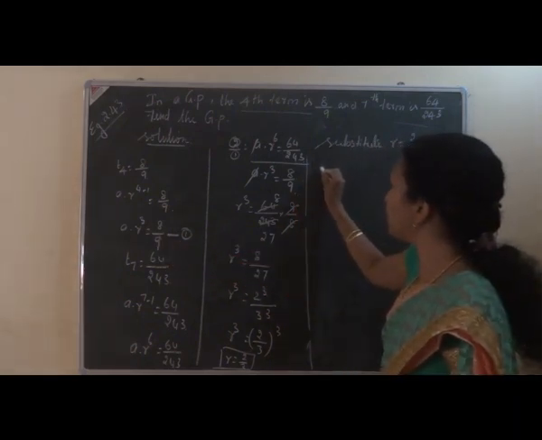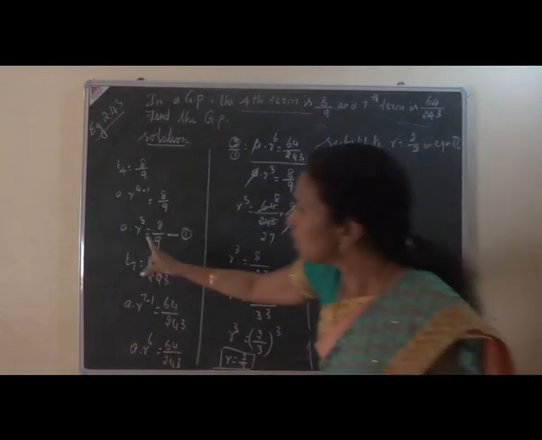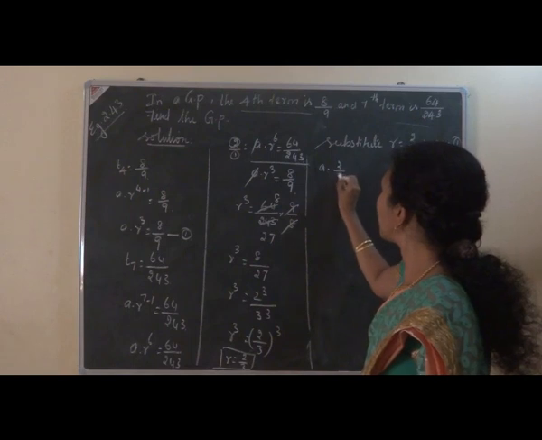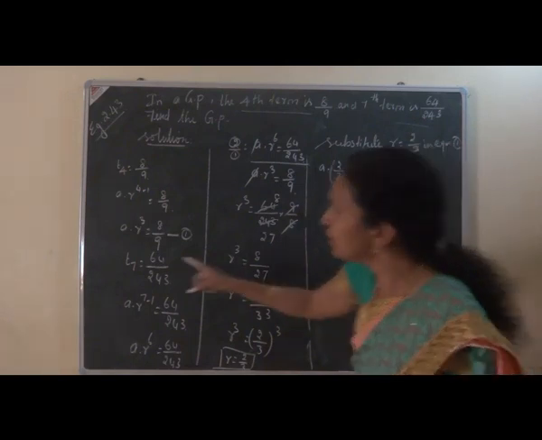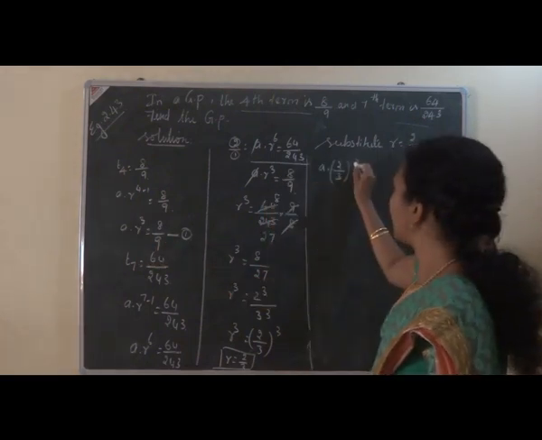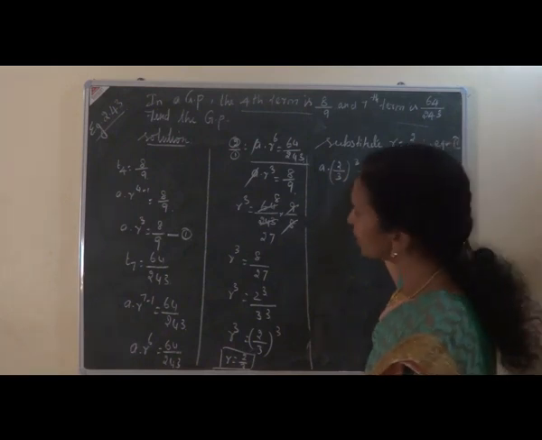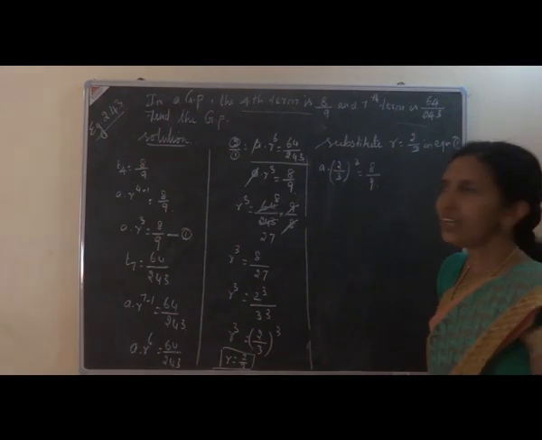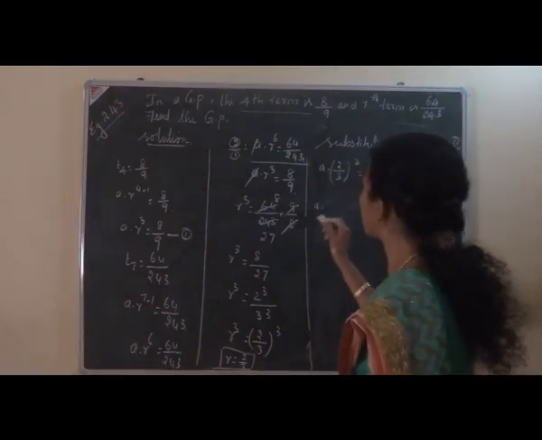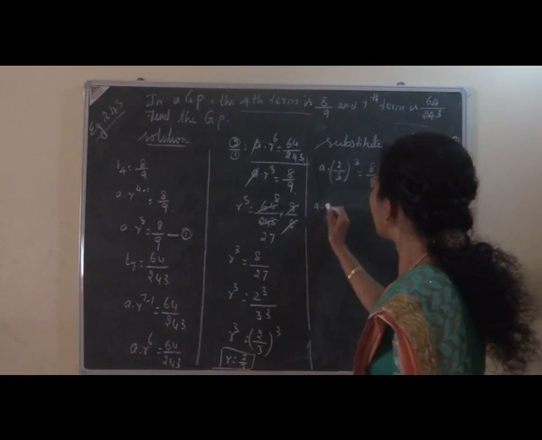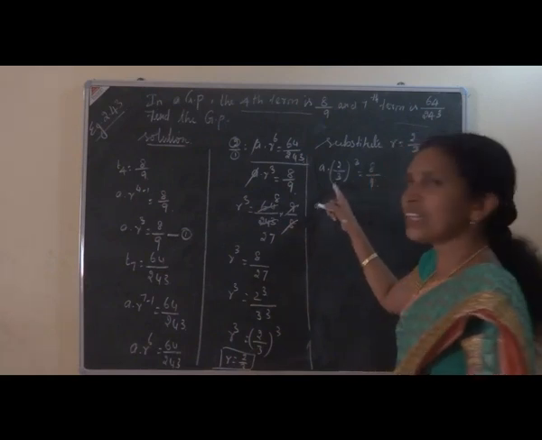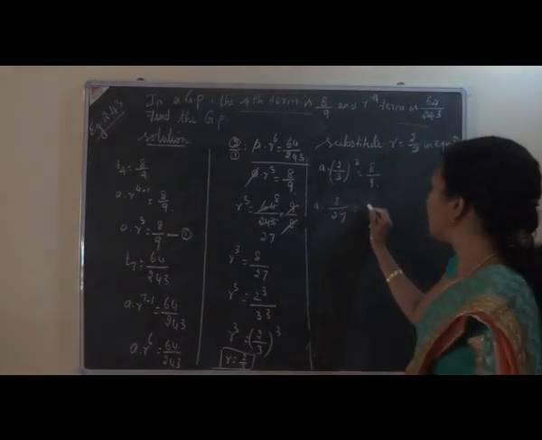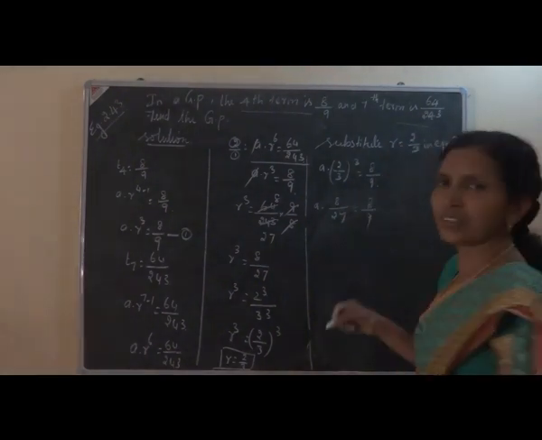A into a value you don't know, so a into, what's the value of r? 2 by 3, the whole power 3, equal to 8 by 9. Now 2 power 3 is 8, 3 power 3 is 27, equal to 8 by 9.